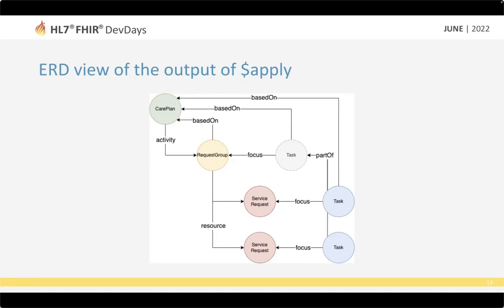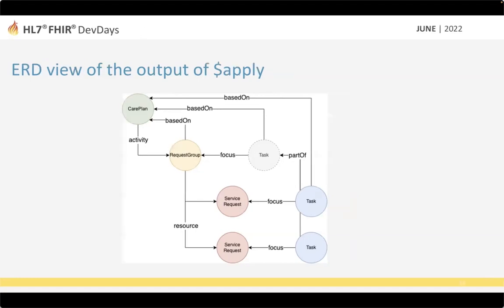Now, this all conforms to the core FHIR spec as it had everything that we needed, and we didn't really need to extend beyond what was already there, which is really great when it comes to the implementation guide. It means that we don't have to add anything for these resources.